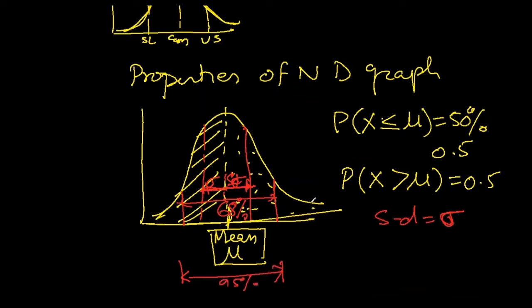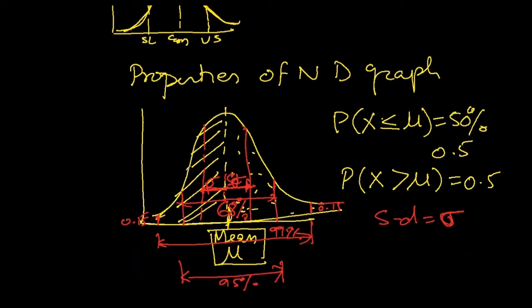And if we take the third sigma, that means 3 sigma below and 3 sigma above, the total probability is 99.7%. That means 0.15% is above positive 3 sigma and 0.15% is below negative 3 sigma. So that makes it 100%.